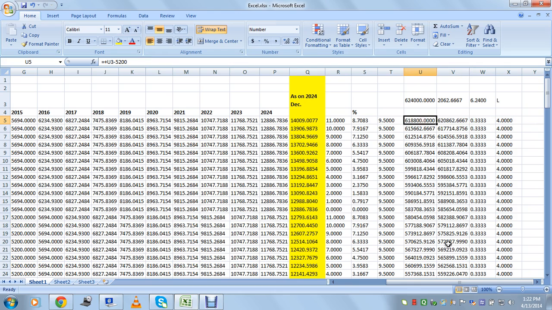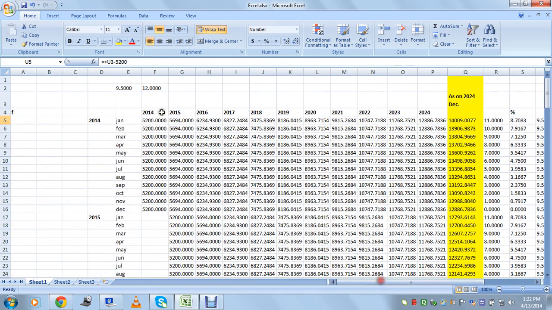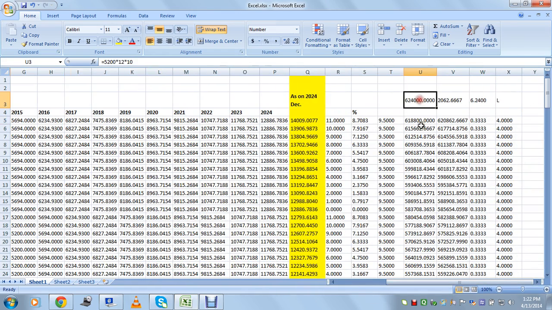Now, in the first month of the first year, when you deposit 5,200 in an RD account by deducting from your savings bank, you can just straight away minus the 5,200. The amount remaining will, over the next 30 days, accumulate an interest of 2,062 rupees at the rate of 0.33% per month, if the savings bank has an interest of 4% per annum, because it is just 4% divided by 12.